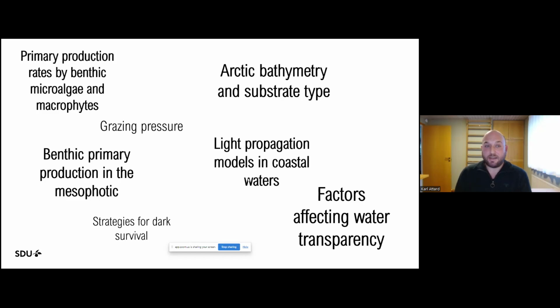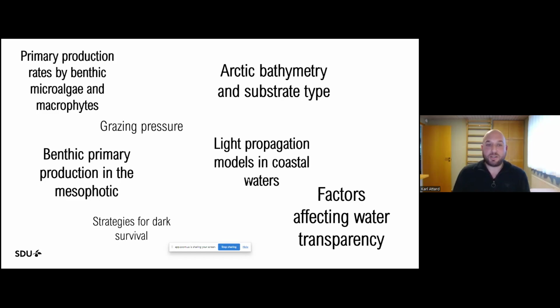And another factor that emerged, and it's something that I'm quite interested in, is the benthic primary production in the mesophotic, so areas of the seafloor that are deeper than 30 meters. And even though the rates are quite low, it seems that just because of the sheer size of these areas, they are quantitatively quite important.